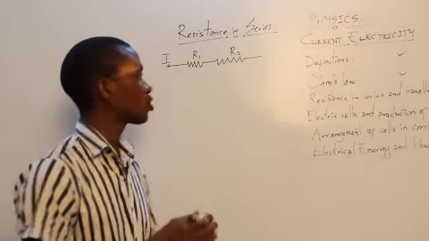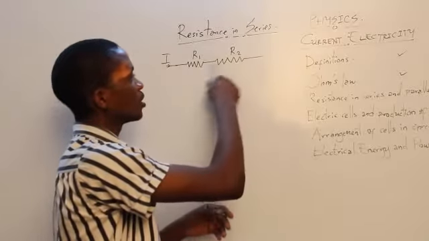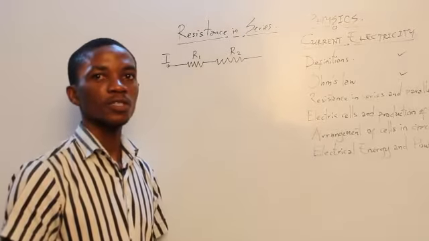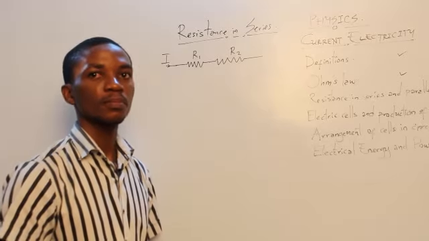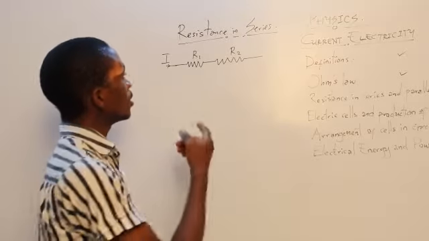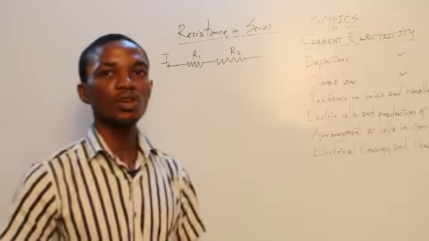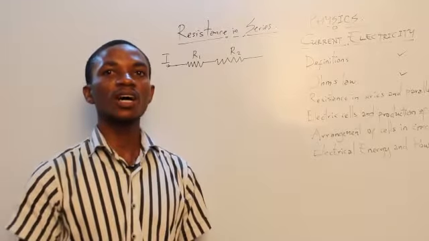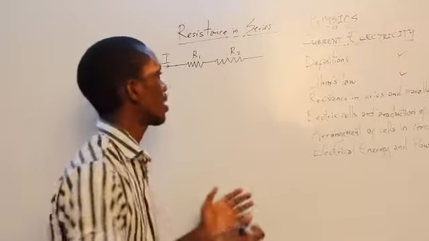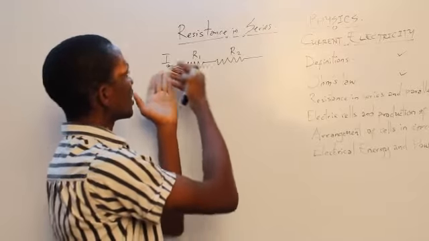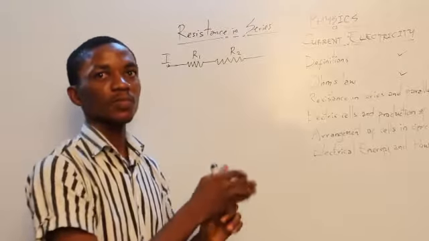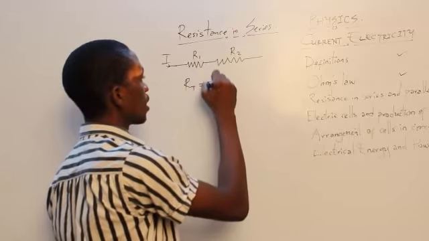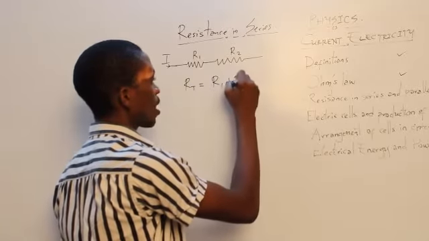If there is a break in transmission somewhere in between, it would not get to the end point of the whole system. Now, in resistors in series connection, the total resistance experienced against the flow of this current can be calculated as R total equals R1 plus R2.